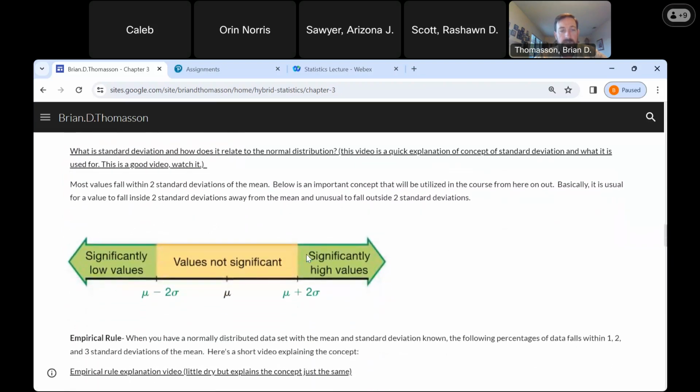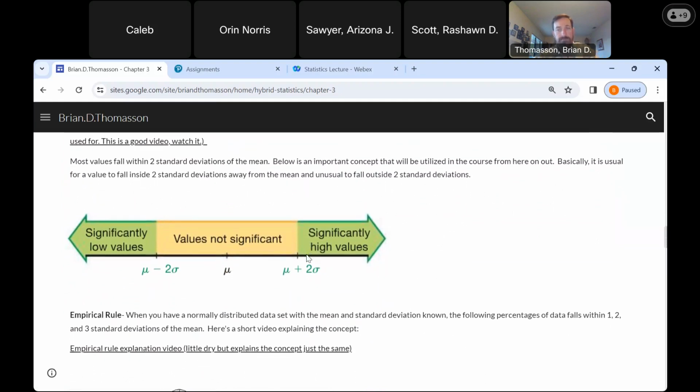All right, now this is an important concept. Once we have a mean and a standard deviation, we can start saying some things that are pretty important, especially in this course. What I have written there is most values fall within 2 standard deviations of the mean. And below is an important concept that will be utilized in the course from here on out.